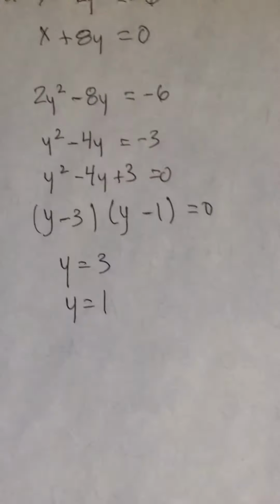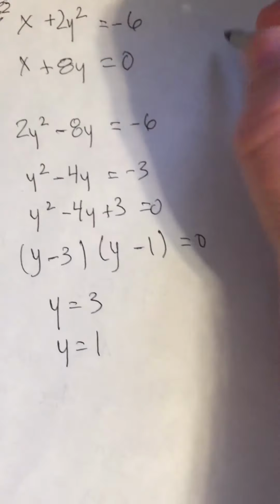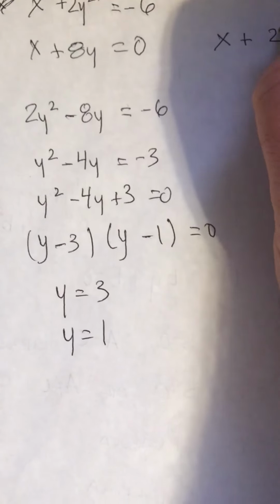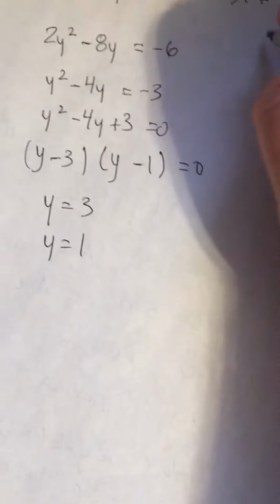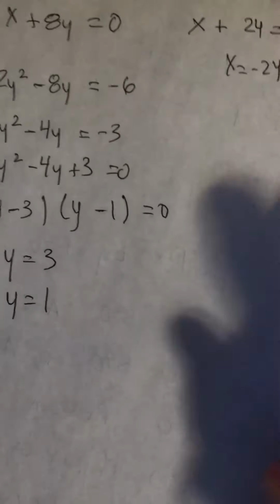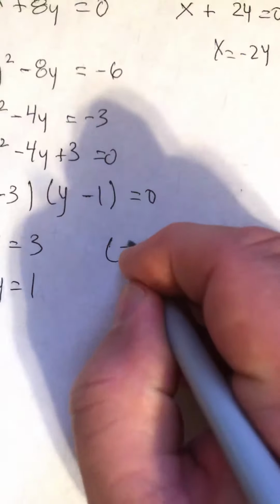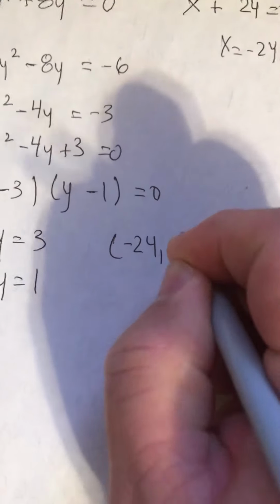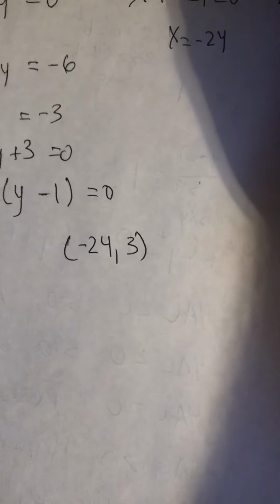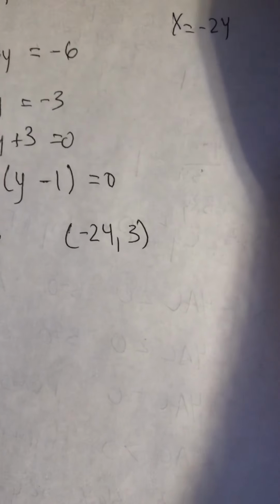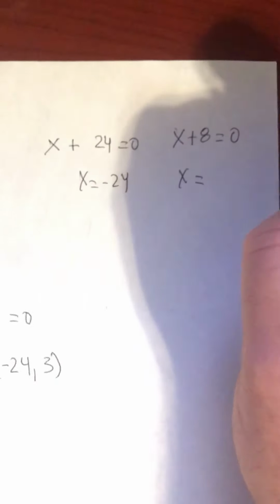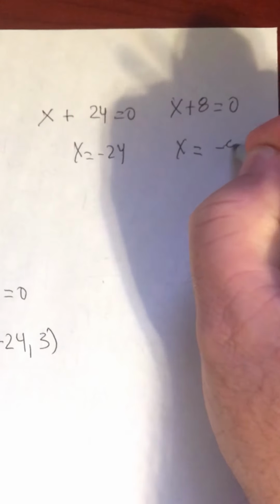Go back up to the top. If I put in 3 for y, I get x plus 24 equals 0. So x equals -24. When I put in 1 for y, I get x plus 8 equals 0. X equals -8.